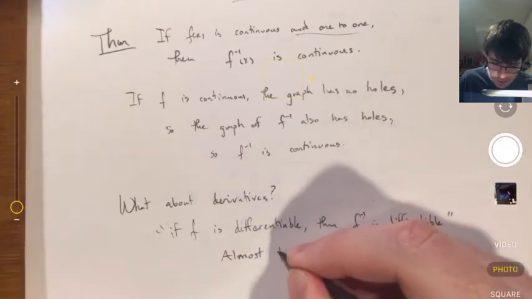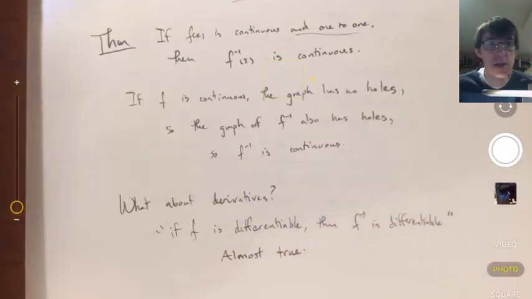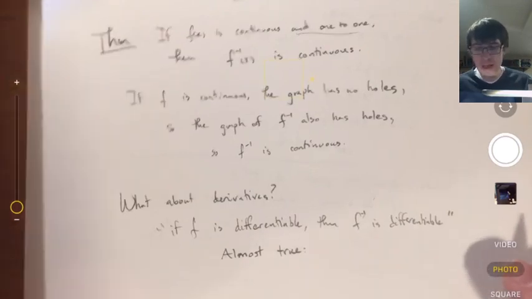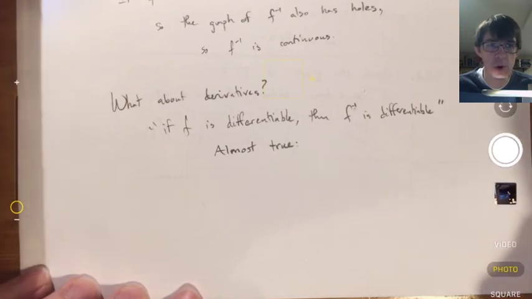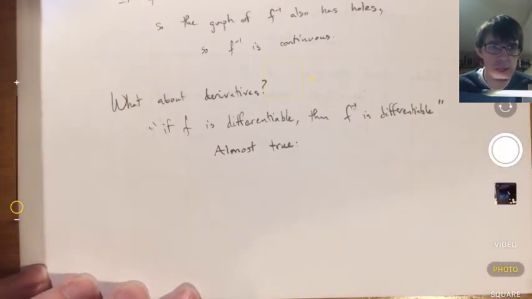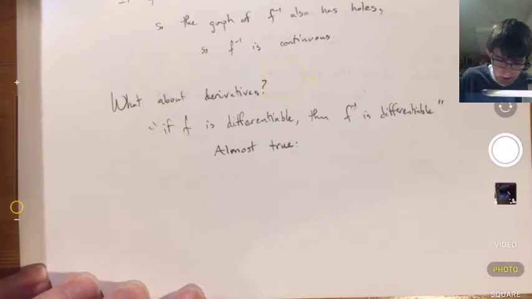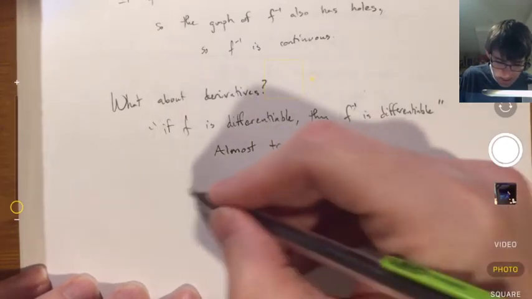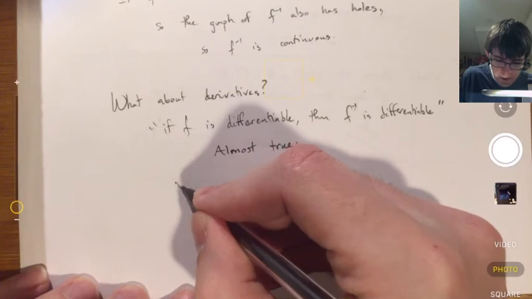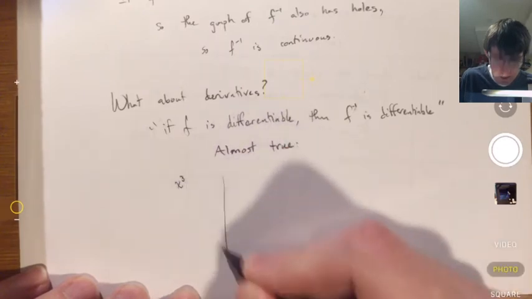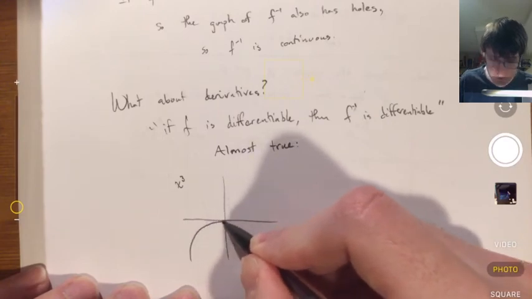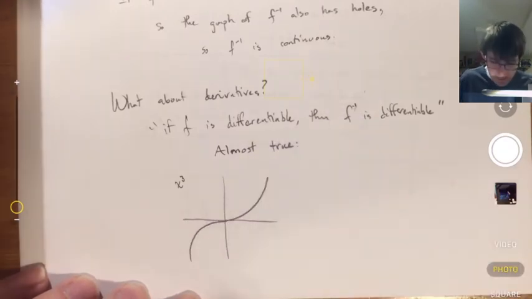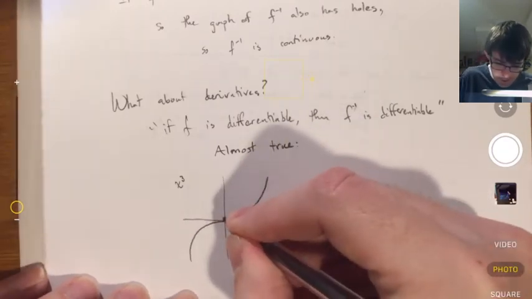Almost true. The issue is that sometimes when you do this reflection thing, you can mess up the slope or cause something which has a good slope to turn into something which has a bad slope. And here's an example of that. How about my favorite one-to-one polynomial, x cubed? It does this, right? And does anybody happen to know, right there, what is the derivative?